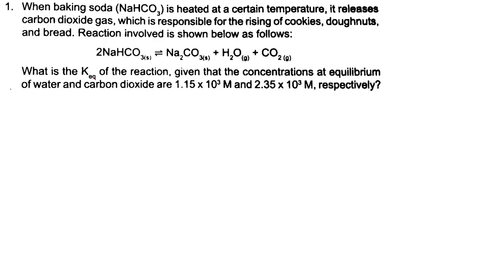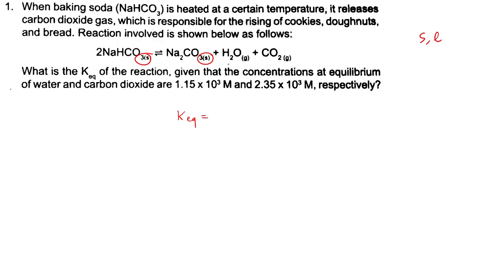So to find out the equilibrium constant, we can use the equilibrium constant expression. As you know, the constant here is equal to the molar concentrations of the products over the molar concentration of the reactants. And as you see here, we have solids. So again, pure solids and pure liquids are not included in the expression.